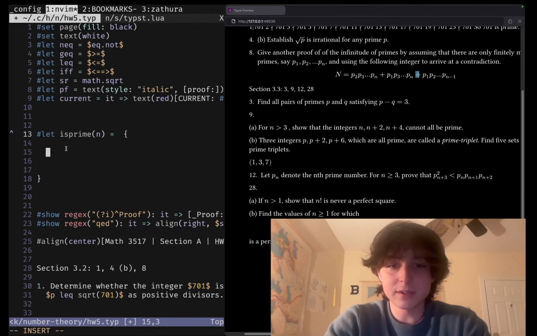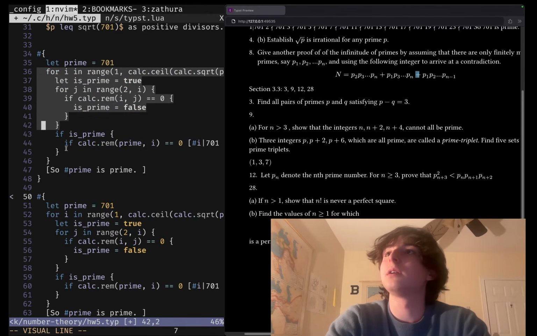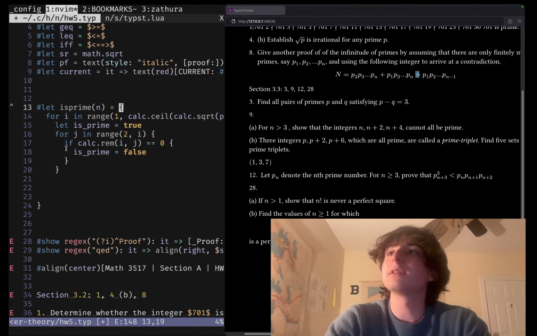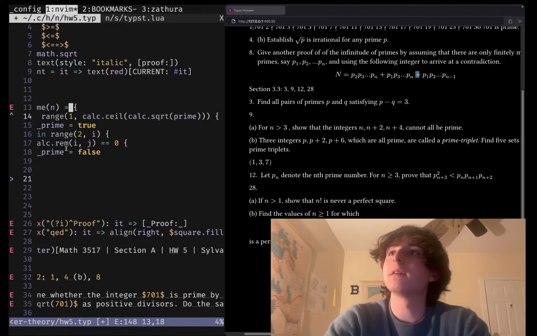The naive way to do this is n squared, which I did below, so I guess I'll just copy that. It would be kind of cool to implement Eratosthenes. Let's give it.